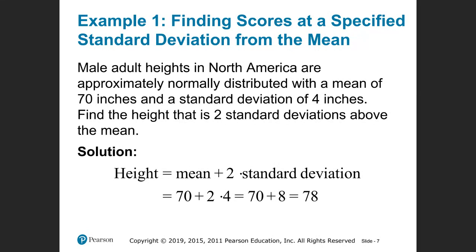The height is the mean, which we're given, 70 inches, plus 2 standard deviations. The standard deviation for this particular example is 4. So we're going to take 2 times 4, and that gives us 78 inches.